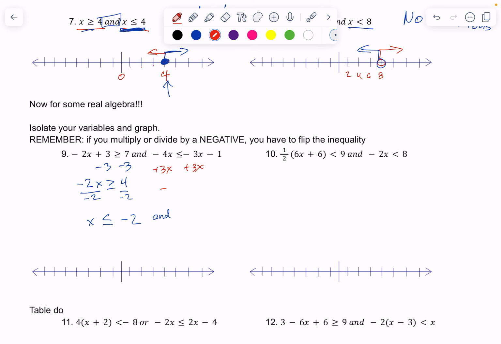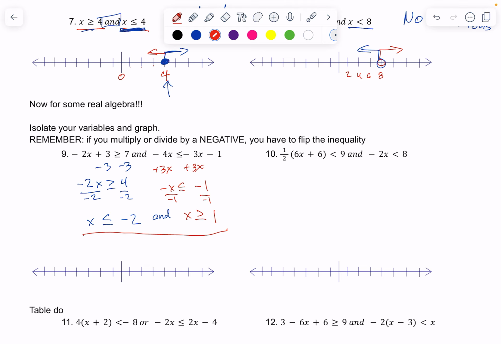I'm going to get negative x is less than or equal to negative 1. Divide by negative 1, divide by negative 1. I'm doing a lot of dividing by negatives so that you can practice your switching signs. You're going to have to switch that sign. Let's do it. X is greater than or equal to 1. Negative 1 divided by negative 1 is 1. So this is so far my answer.